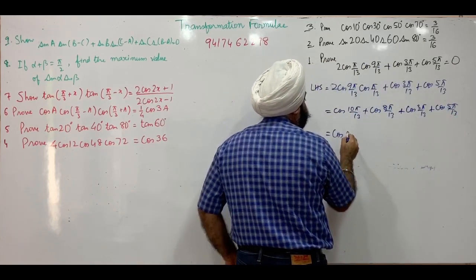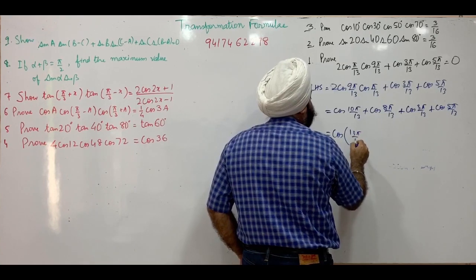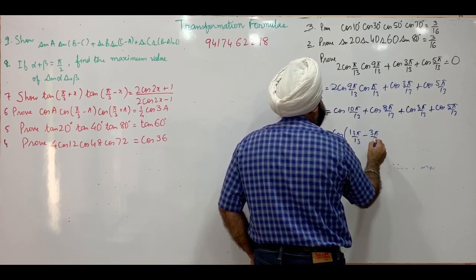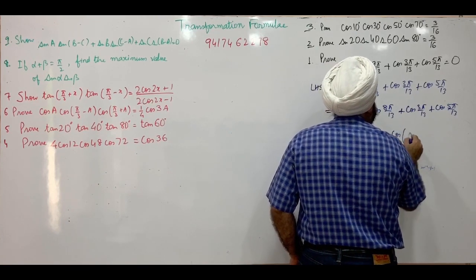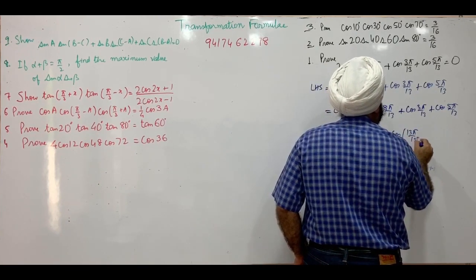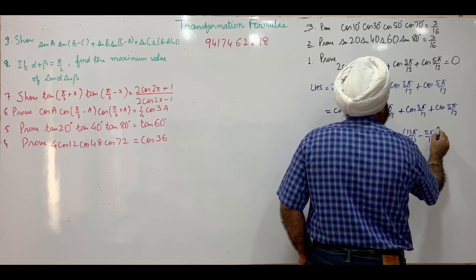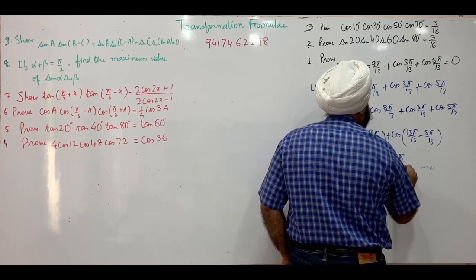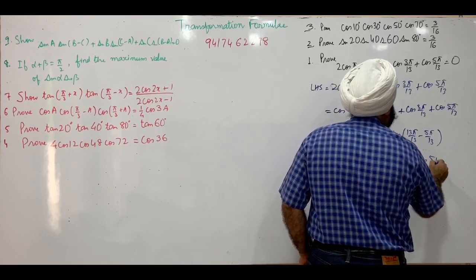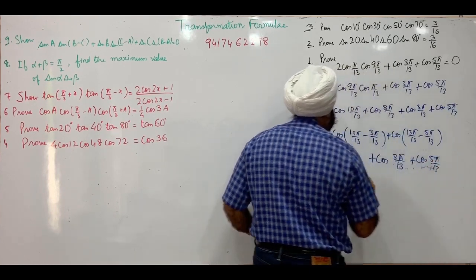This can be written cos of 13 pi by 13 minus 3 pi by 13. 10 is 13 minus 3. Similarly, this is 13 minus 5, plus this term cos of 3 pi by 13 and plus cos of 5 pi by 13.